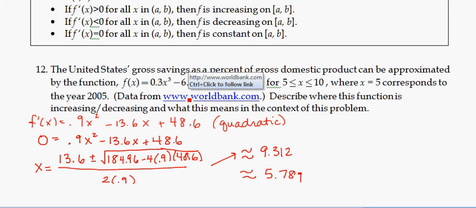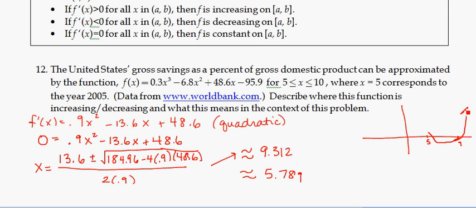Okay, so how do we interpret these answers? What's happening here? Let's think about what this quadratic looks like. It's a parabola, and its leading coefficient is positive. So I know if I sketch this, it's passing through at 5 point something and then again at 9 point something. That's where it's passing through the zeros. So the zeros are a little bit bigger than 5 and a little bit bigger than 9, and we know it's opening up. This is not my best curve at all.